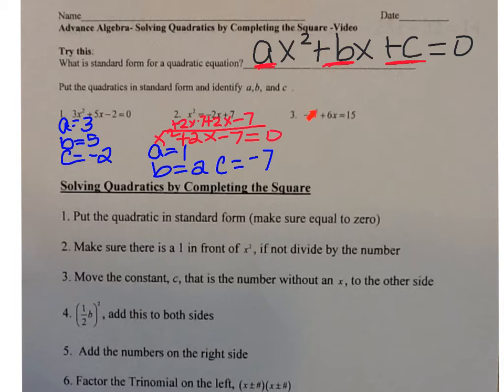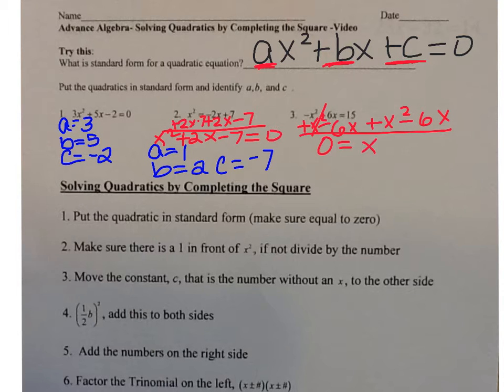All right, number 3. Again, not in the correct form, and I also notice I have a negative x squared. So that means I want to move everything on the left to the right so that my x squared will become positive x squared. So I'm going to add x squared minus 6x. Make sure you put it in the right order. So I'm going to get 0 on the left.